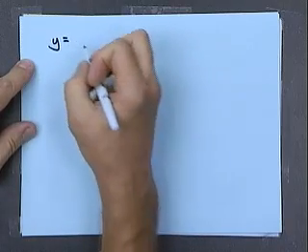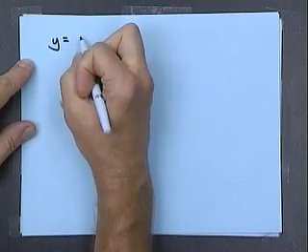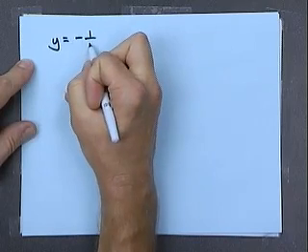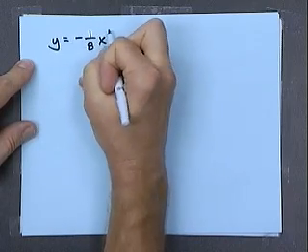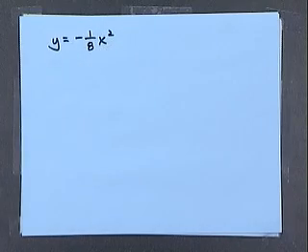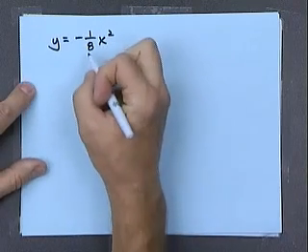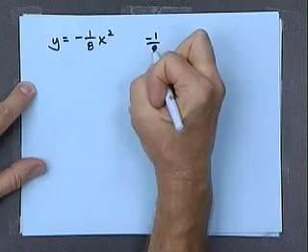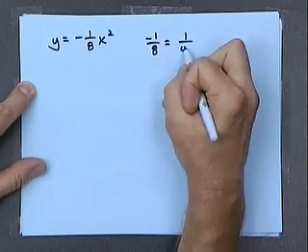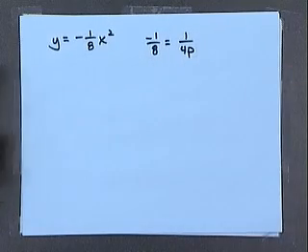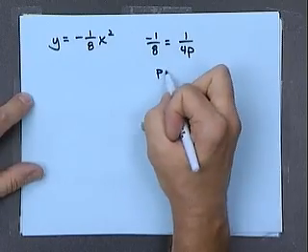So if the equation were to look something like this, then we know that the parabola opens down, correct? Because of the negative leading coefficient. So negative 1/8 equals 1 over 4p. So if that were true, then p would be what?